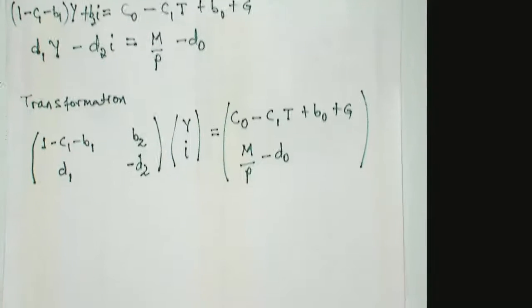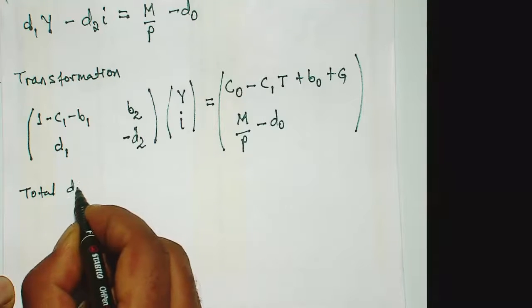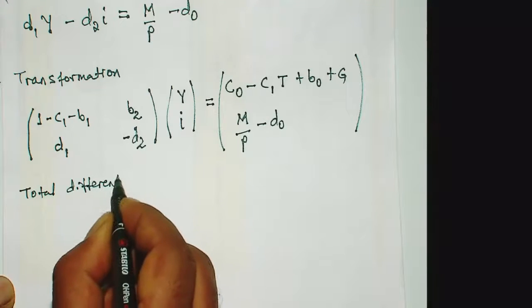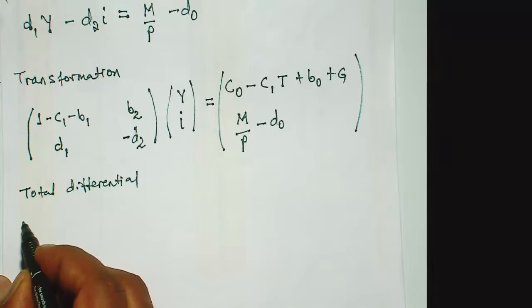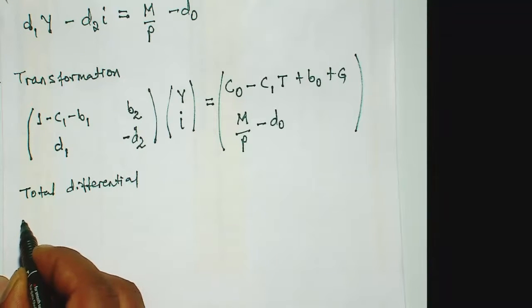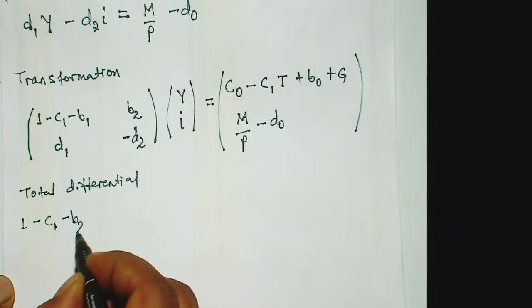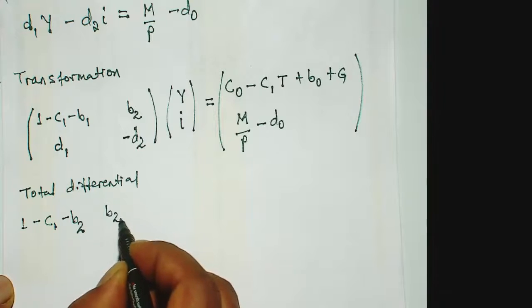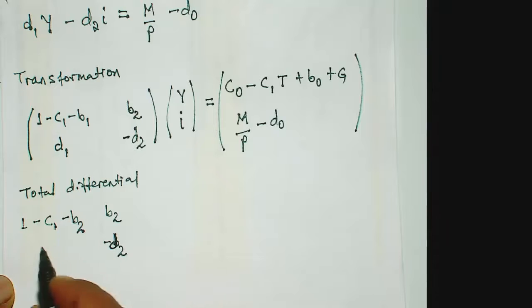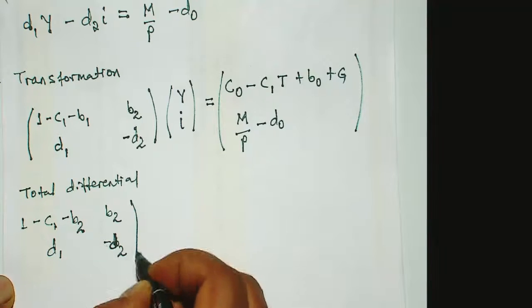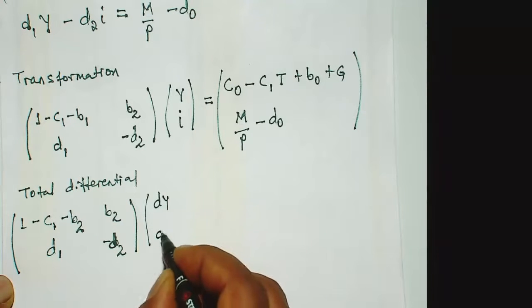The next thing that we have to do is take the total differential. When we take the total differential of our matrix equation, which is given above, we would have a value which looks like this, multiplied by dY and dI.